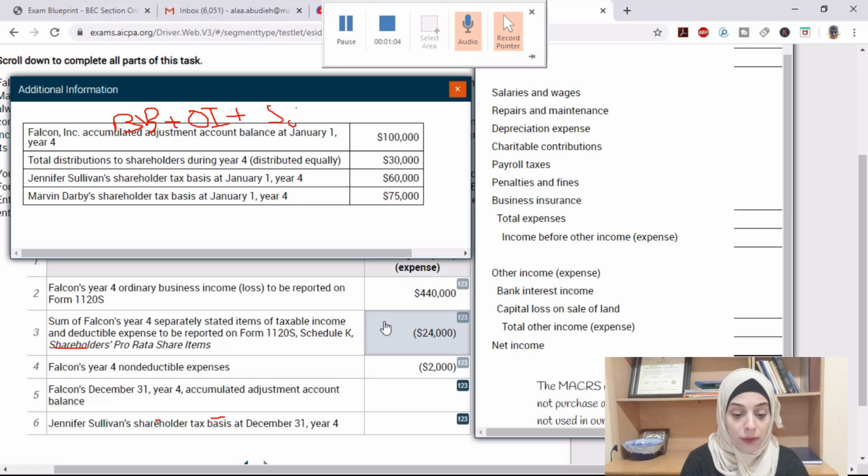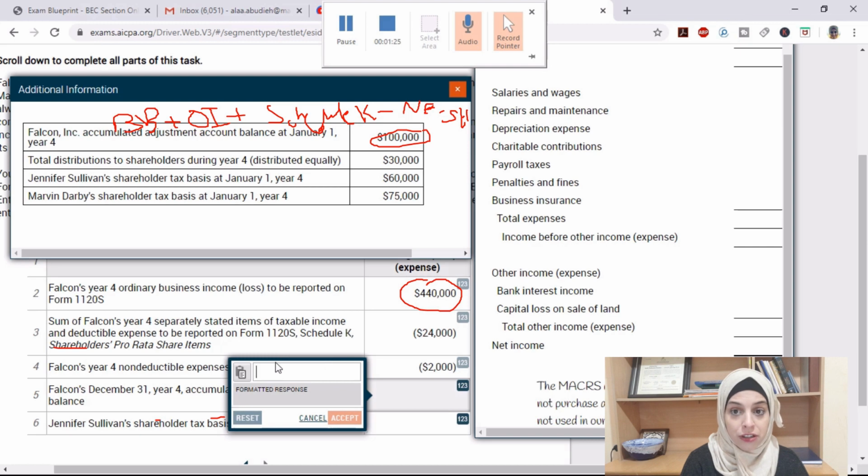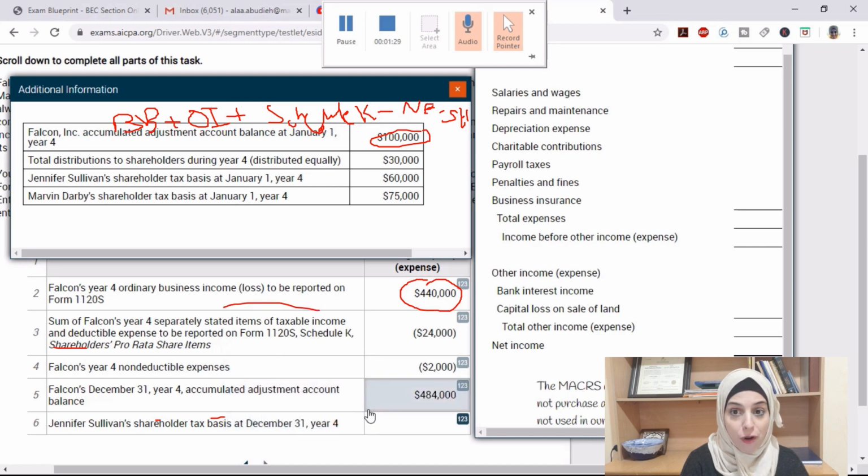Then we're going to deduct from it the $24,000, the separately stated taxable income and deductible expense items, which are minus $24,000, and then we're going to deduct the non-deductible expenses of $2,000 here, and minus the shareholders distribution, which is given to us here, $30,000. This will give us $484,000 as the accumulated adjustment account balance.